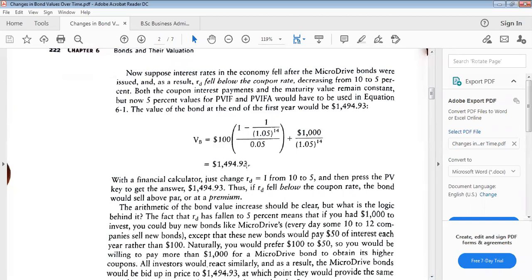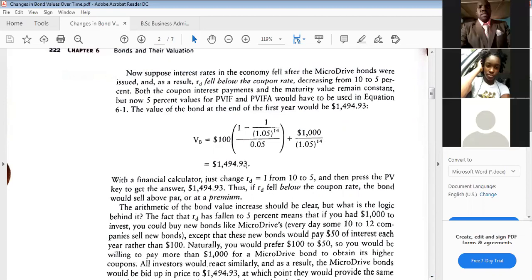Derivative of the bond value. Go ahead. Any question? Yes. No, maybe nothing, sir.